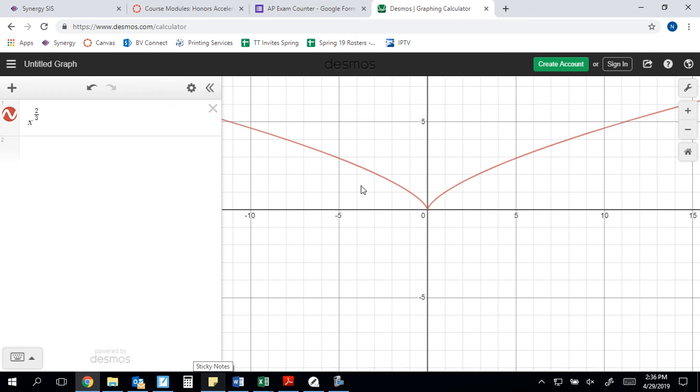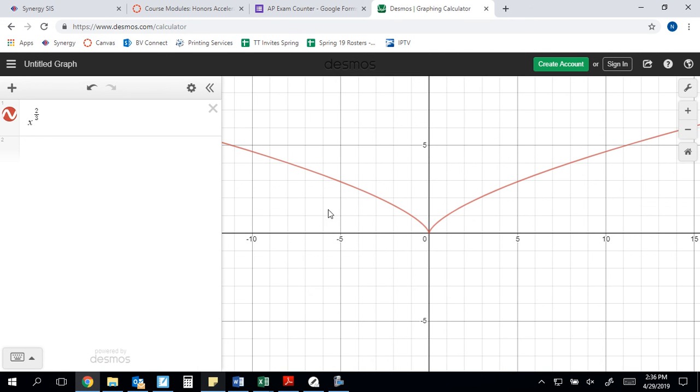So kind of like the absolute value function, but not straight lines. It kind of looks almost square root-ish going off. But tell me about this point. What do you know about this point at the origin? Well, it's an absolute minimum. Sure, yeah, it's a cusp. No, that would be a cusp. That would be some point where the derivative does not exist. So that's what we're going to find analytically.